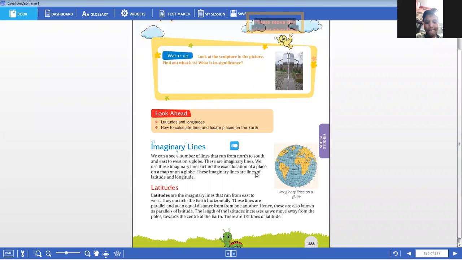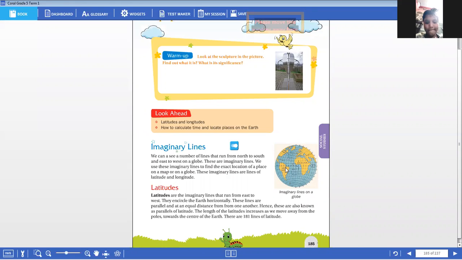They encircle the earth. Encircle means entire circle. Earth is just like a ball, right? So they encircle the ball completely. Just imaginary lines, children. Don't think that the earth possesses these lines.